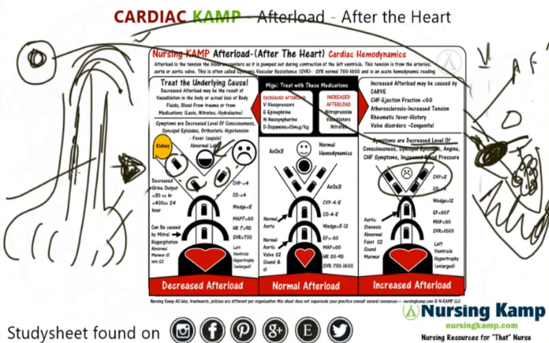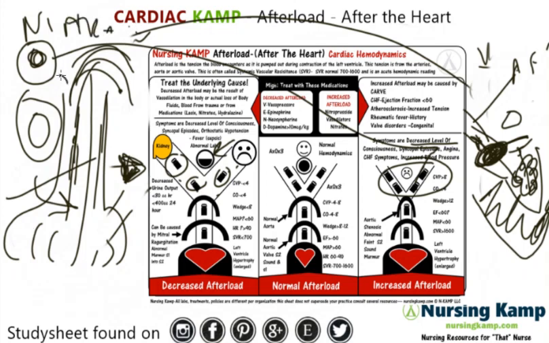All right, so increased afterload, what do we do to treat it? Well, nitroprusside, so that will vasodilate things in the peripheral vascular system. Nitrates, vasodilators, mainly for medications. And for decreased afterload, we do the direct opposite.